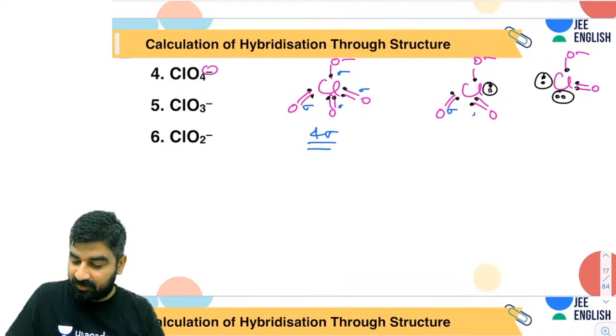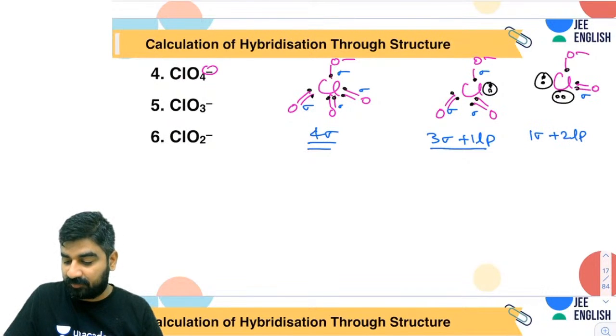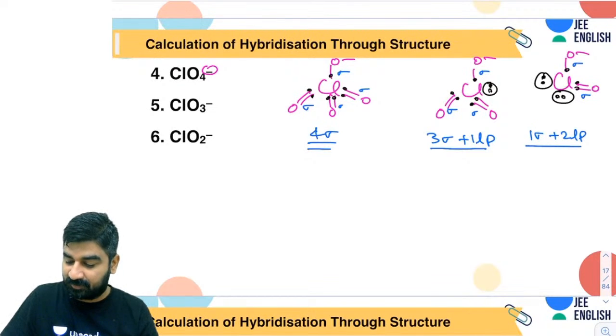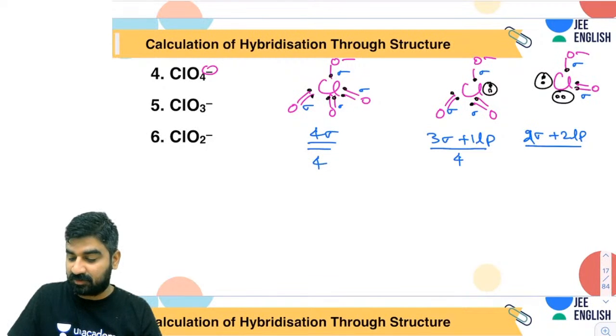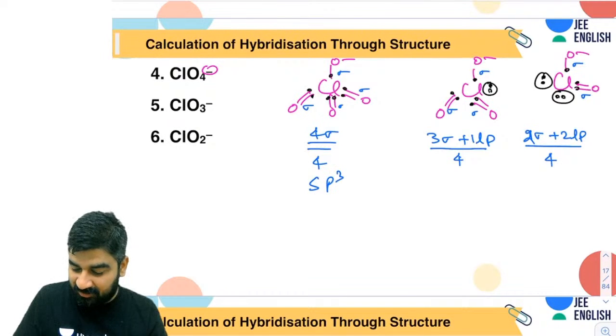Here we have 3 sigma plus 1 lone pair, and here we have 2 sigma and 2 lone pairs. So in all cases electron pairs are 4: 4, 3 plus 1, 2 plus 2. So hybridization will be sp3 in each case.